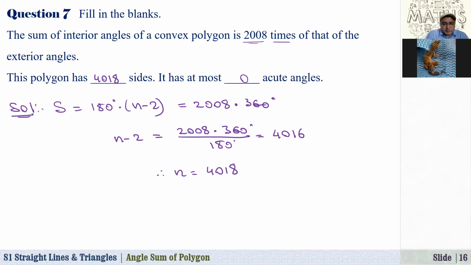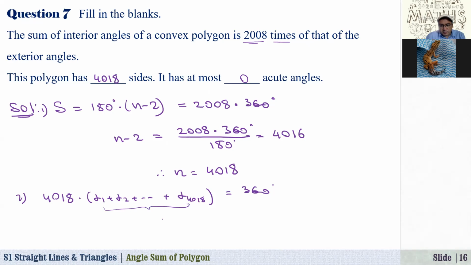The second part is it has 4018 sides. Let's say the exterior angles are alpha 1, alpha 2, and so on up to alpha 4018. The sum of the exterior angles is equal to 360 degrees. Let me call this sum S exterior.